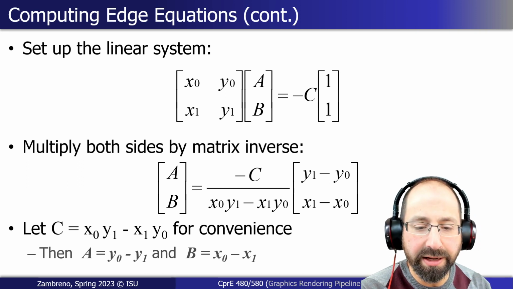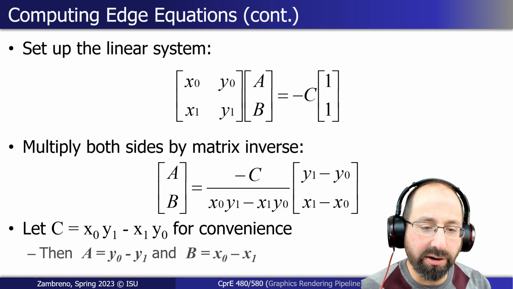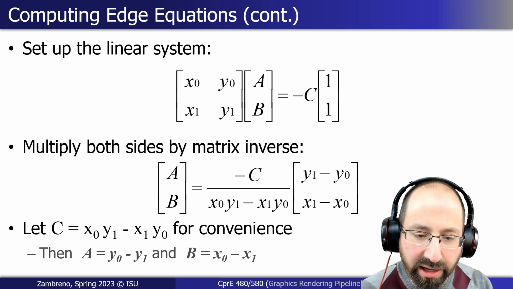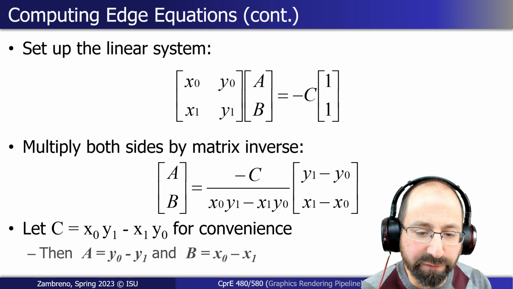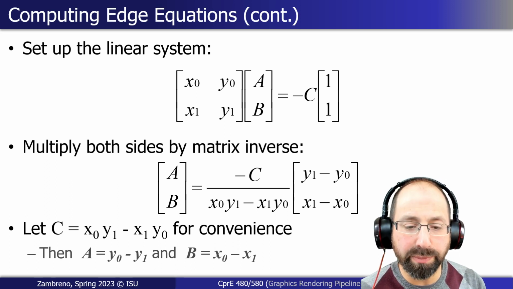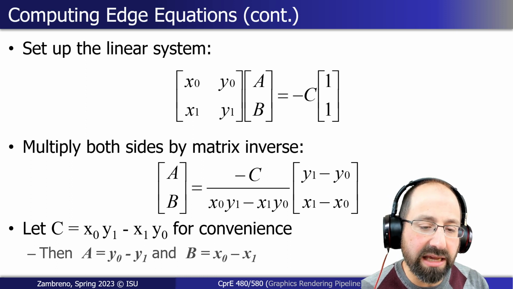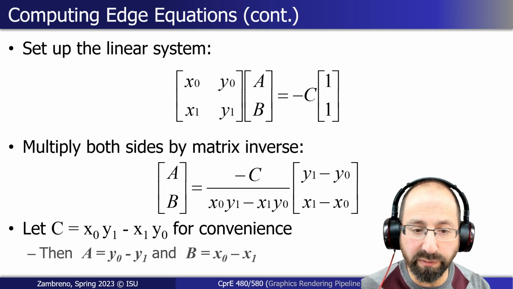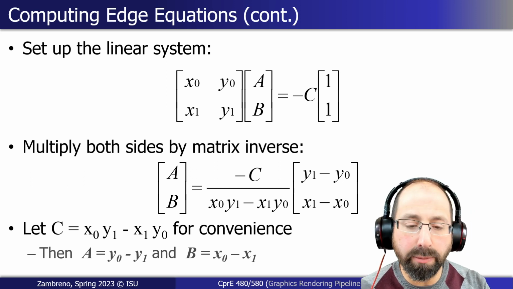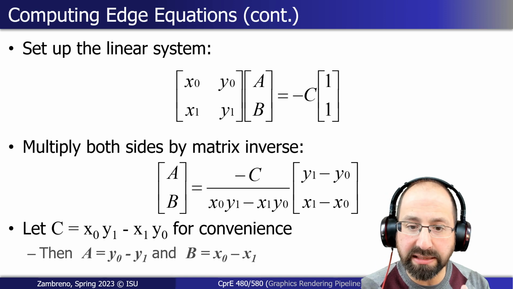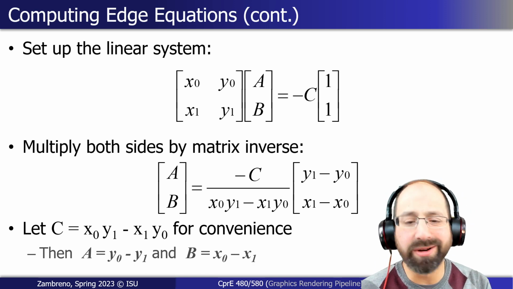So you can do your determinant, x0 y1 minus x1 y0, to get our values for A and B as a function of C. This looks like a complicated amount of math here, and it potentially could be, but this is A and B as a function of C. Again, we don't care about the actual values of A, B, and C. We care about the sign of the line equation as we plug in points x and y, and we're going to see the same thing here.